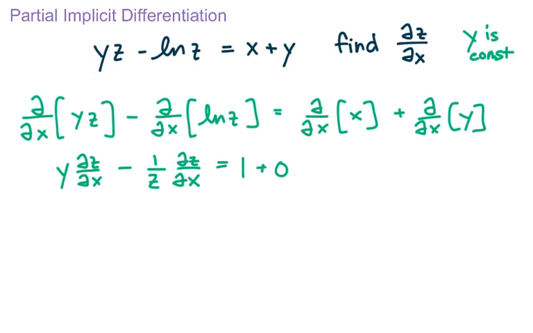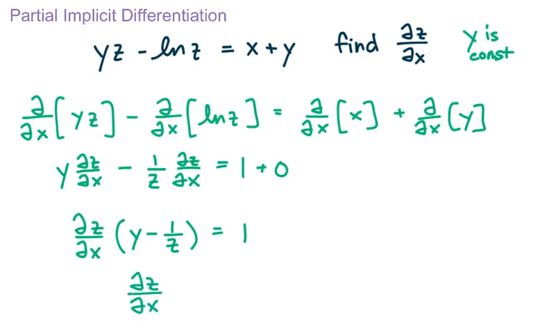So factoring on the left, I can factor out dz dx. That leaves me with y minus 1 over z, and the right simplifies to 1. So dz dx is 1 over y minus 1 over z.